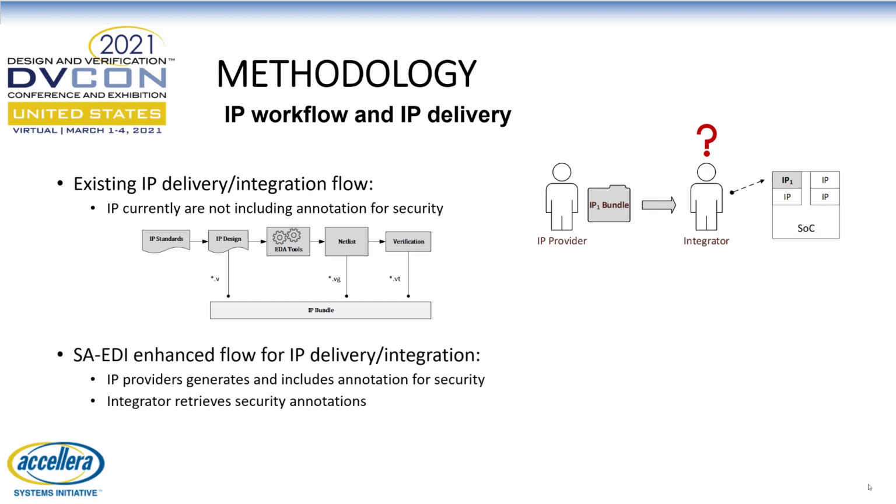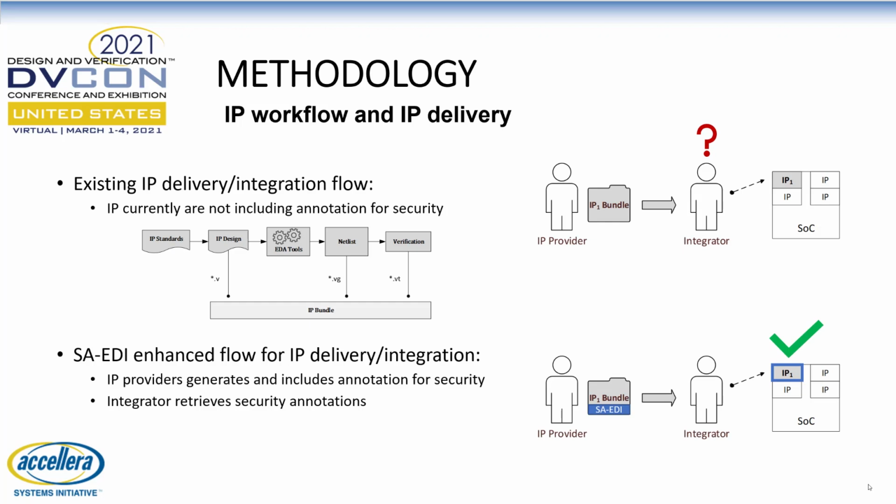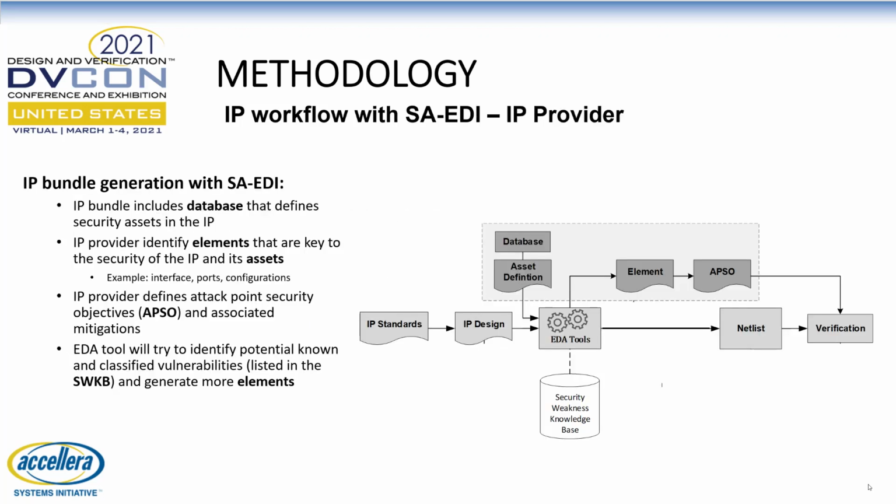So with an SA-EDI enhanced flow, the IP provider generates and includes annotation for security, and such collateral gets added to the delivery, and the integrator can retrieve such security annotation to gain confidence in the security of the IP. So from the point of view of the IP provider, at a high level, what extra information does a bundle with SA-EDI include?